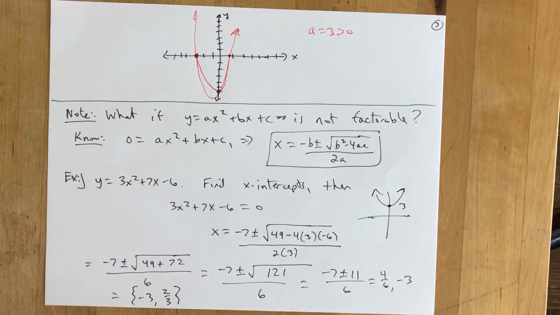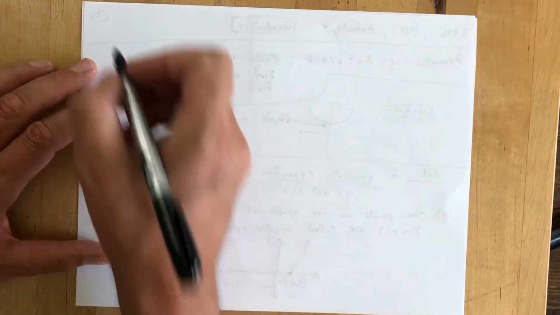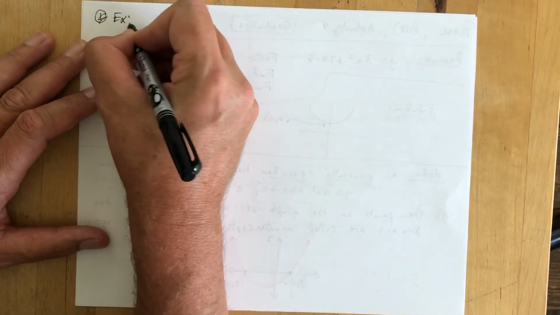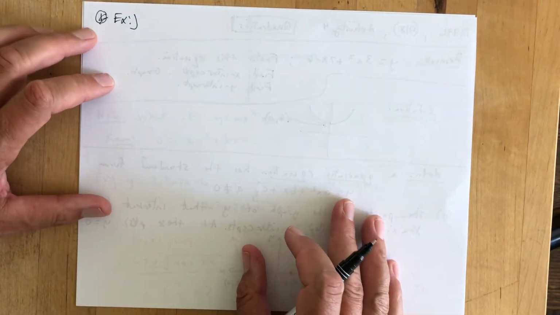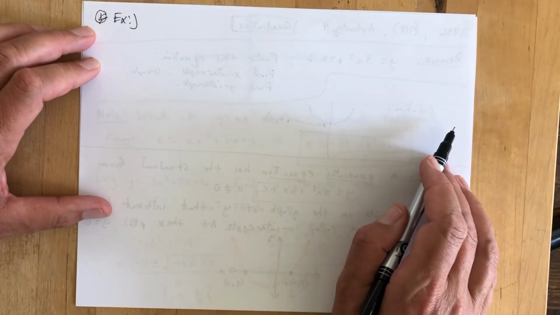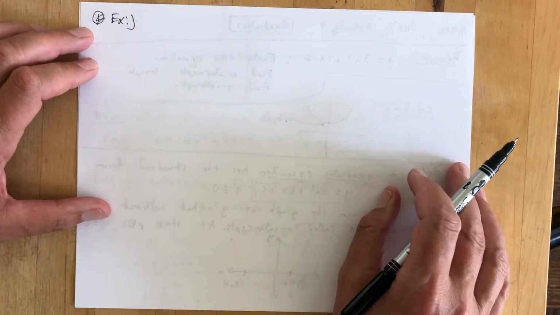So let's do some guided practice here. I'm going to make another example here. Example 1. Now, on the guided practice problems which are about to come here, I want you to do this exhaustively like I just did.